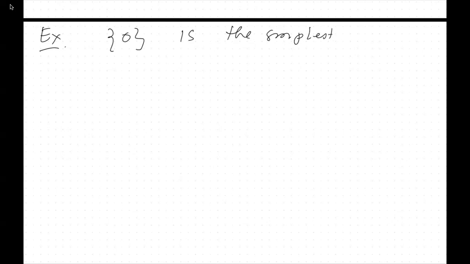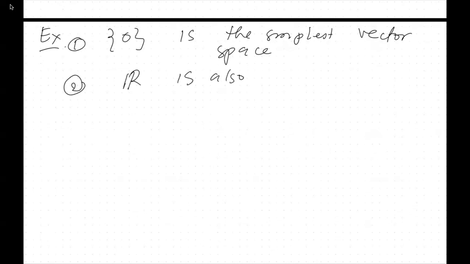So let's have some common vector spaces. Of course, this is the simplest and useless vector space. Our R is also a vector space over itself.